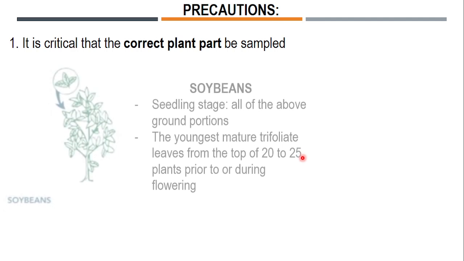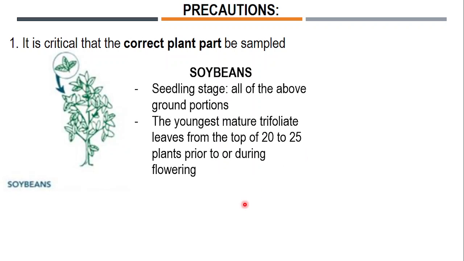Let's say, for example, the crop is soybeans. Okay, at seedling stage, maliit pa lang siya, so all of the above ground portions will be collected and analyzed. And then, if it is mature, the youngest mature trifoliate leaves from the top of 20 to 25 plants prior to or during flowering is recommended for plant tissue analysis.